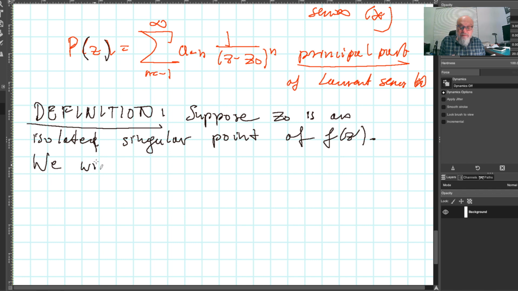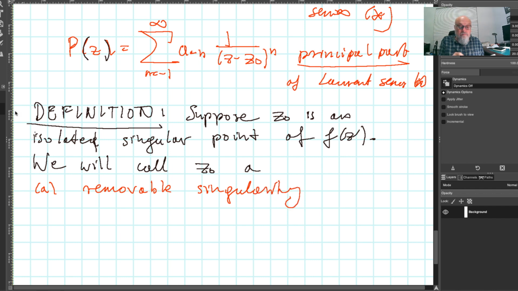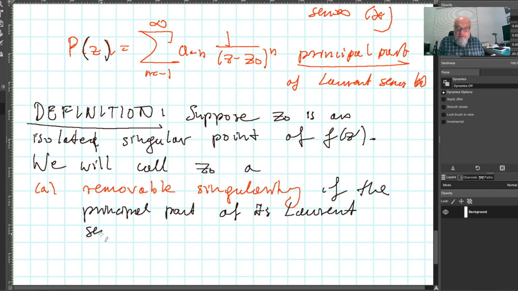We will call z0 a removable singularity if the principal part of its Laurent series P of z centered at z0 is identically 0.